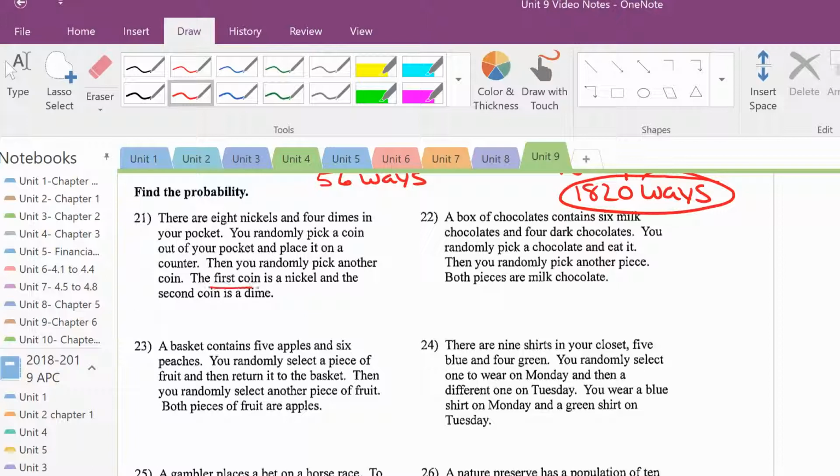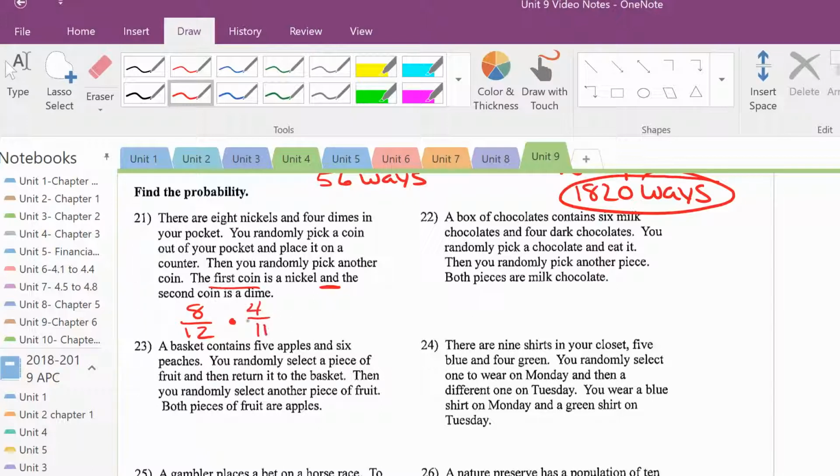So on the first coin, the probability of getting a nickel is 8 out of 12. Then you're going to multiply, because it says and means multiply. The second coin is a dime. Well, now there's only 11 coins left because you took the nickel out, and 4 of them are dimes.